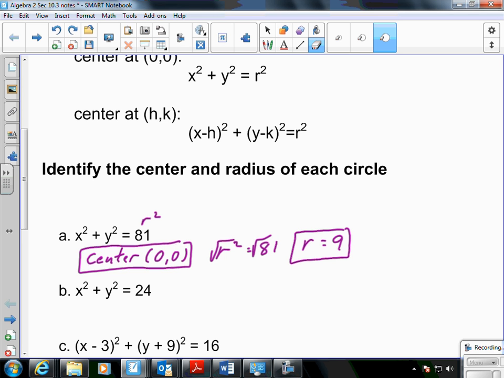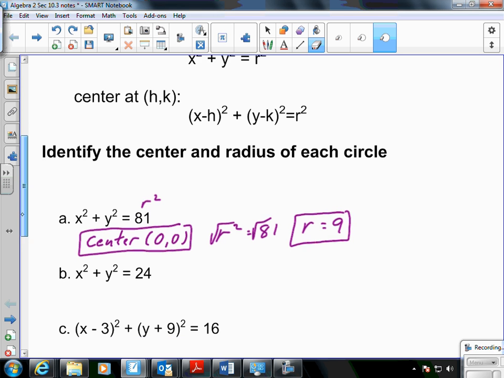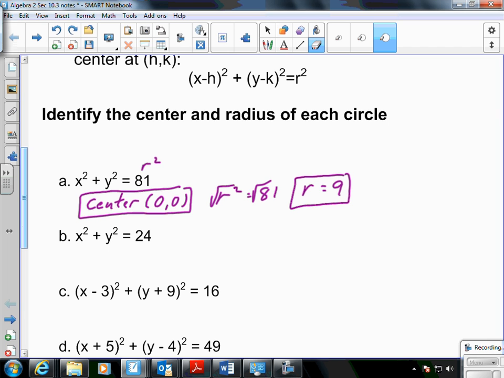Alright, so B, same kind of format. We've got x squared plus y squared equals 24. Once again, there's no h and k value, nothing combined with x and y, so our center is at 0, 0. And 24 is our radius squared, so r squared equals 24.